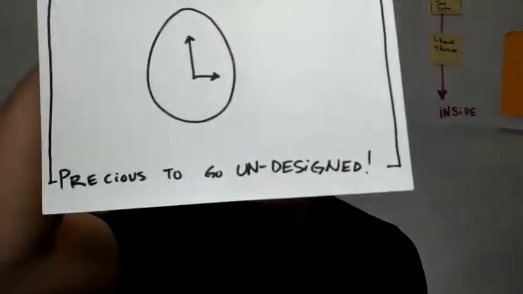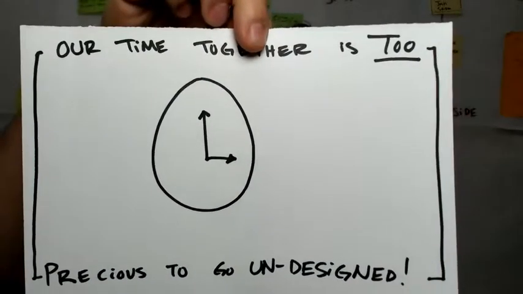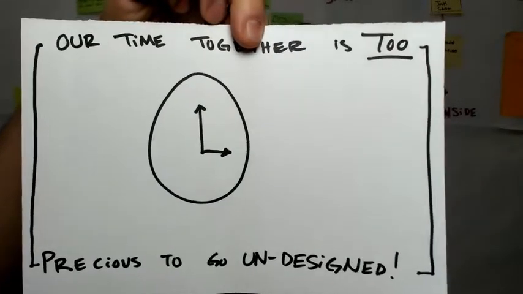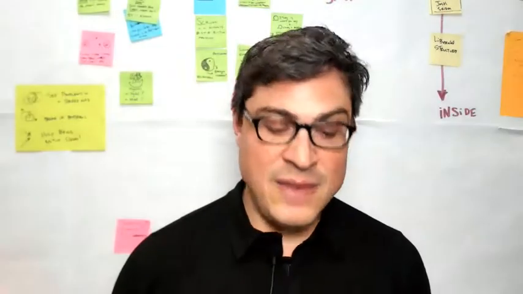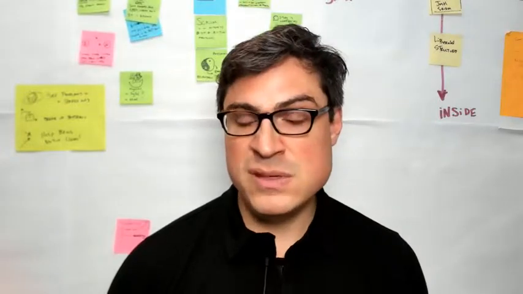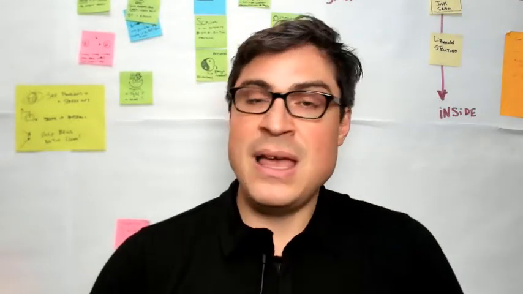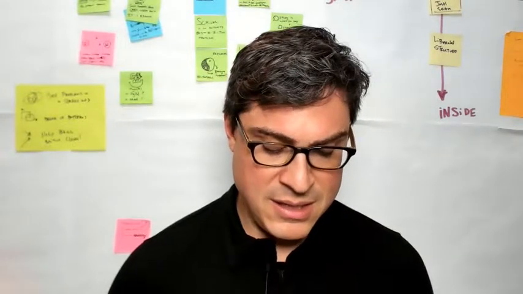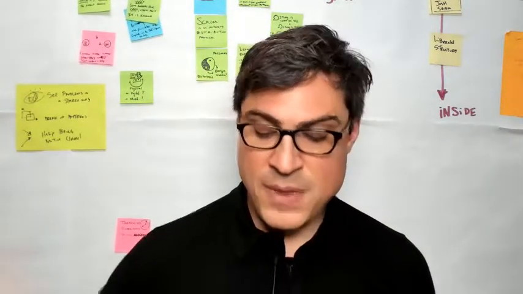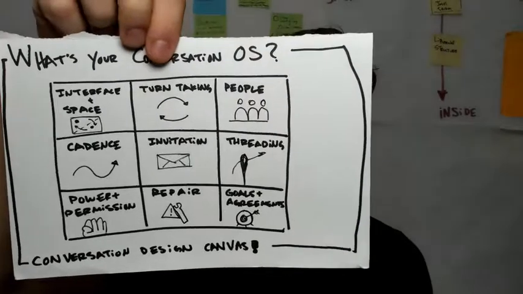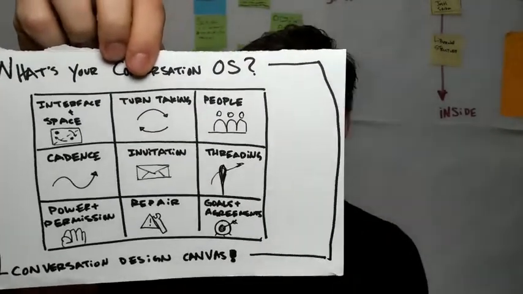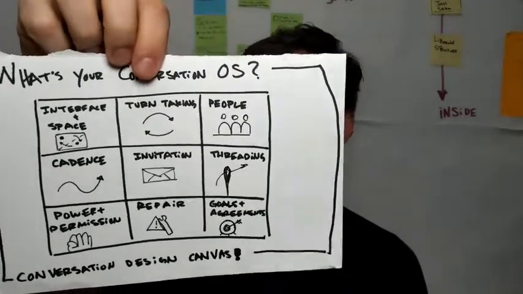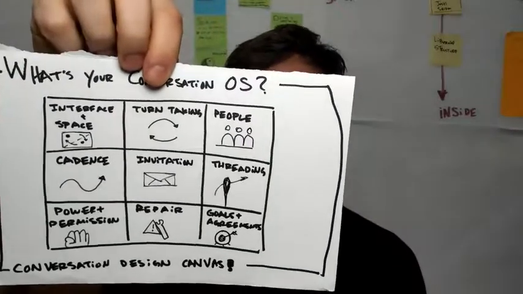My opinion, our time is way too precious and limited to go undesigned. I think brainstorms, meetings deserve to be designed. And I think I'm going to just pop up, rustle through the pages, and put up this conversation OS again, thinking about what you can control or alter, what can't be changed or altered.